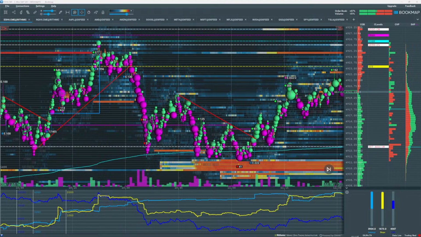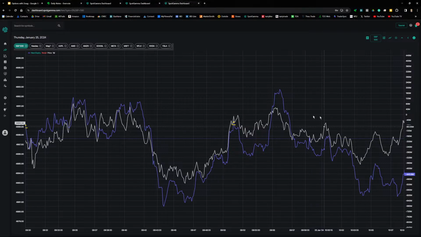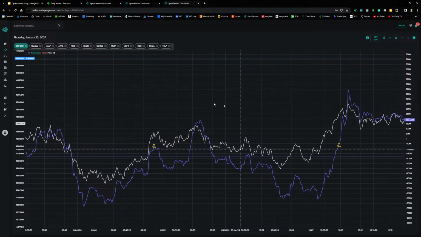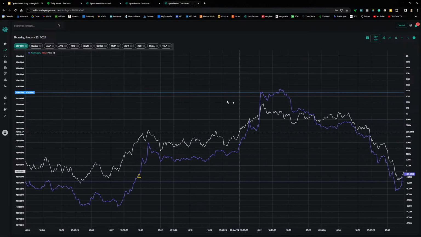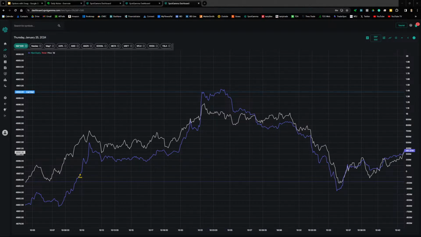Let's see what options traders were doing right at 10:30. Let's go back to Hero. All right, starting about 10:25, the Hero signal starts to shift lower as price is approaching the 4,900 call wall.